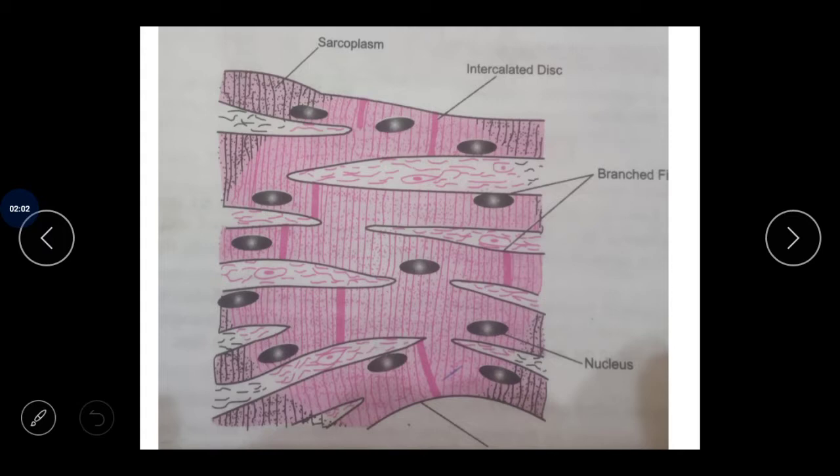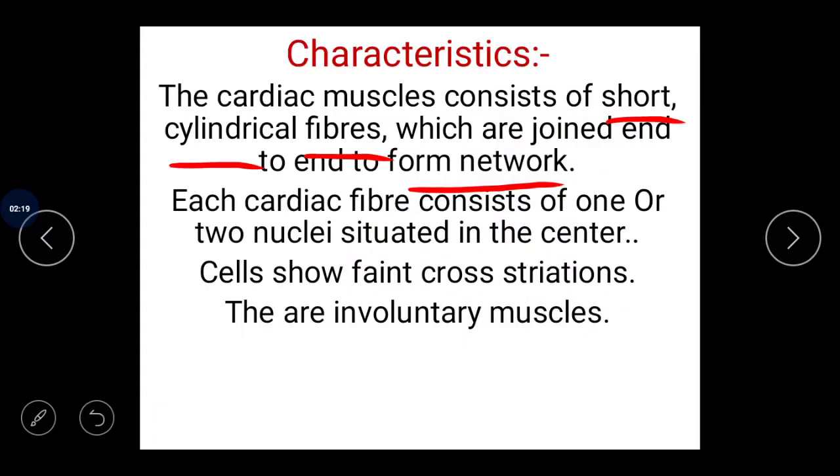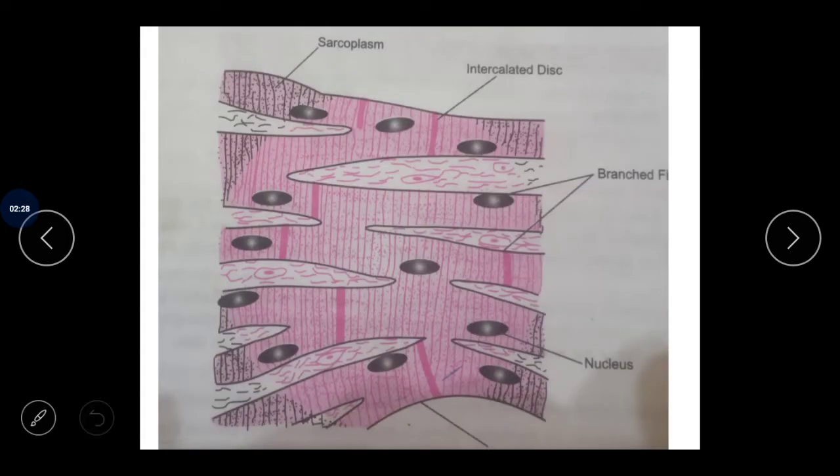Here this muscle cell is joined with another. Here again they are joined. They form the network. So these cardiac muscles are short, cylindrical, joined end to end, and you know that they are branched like that.